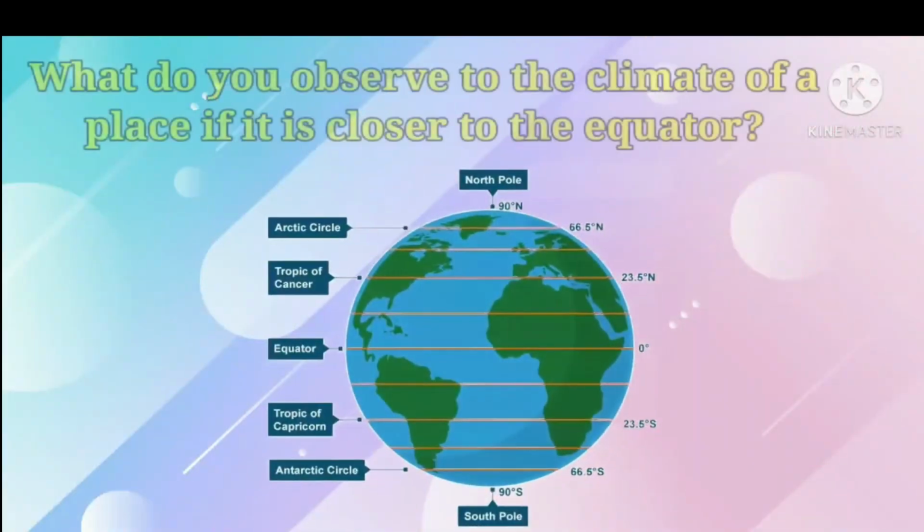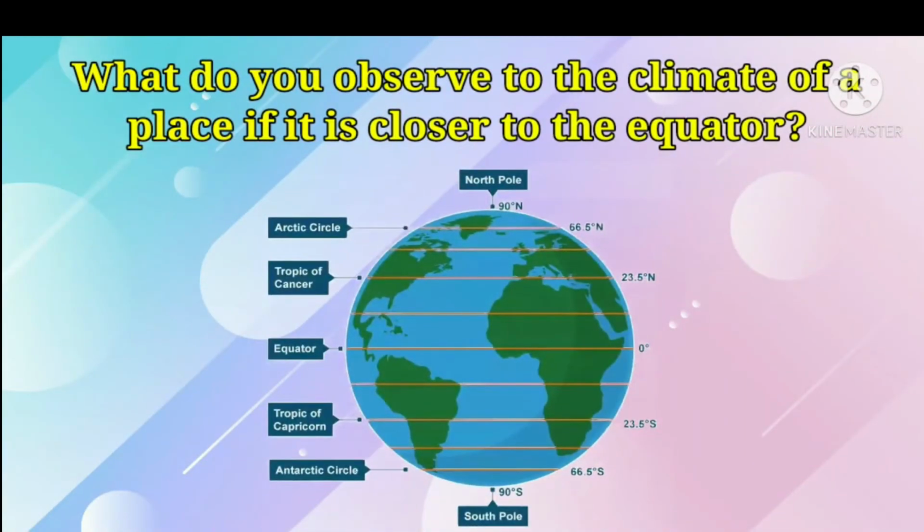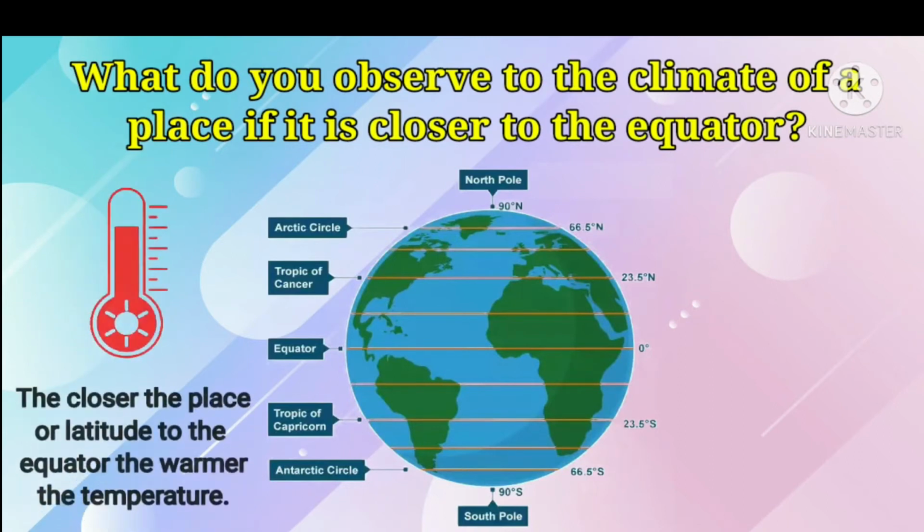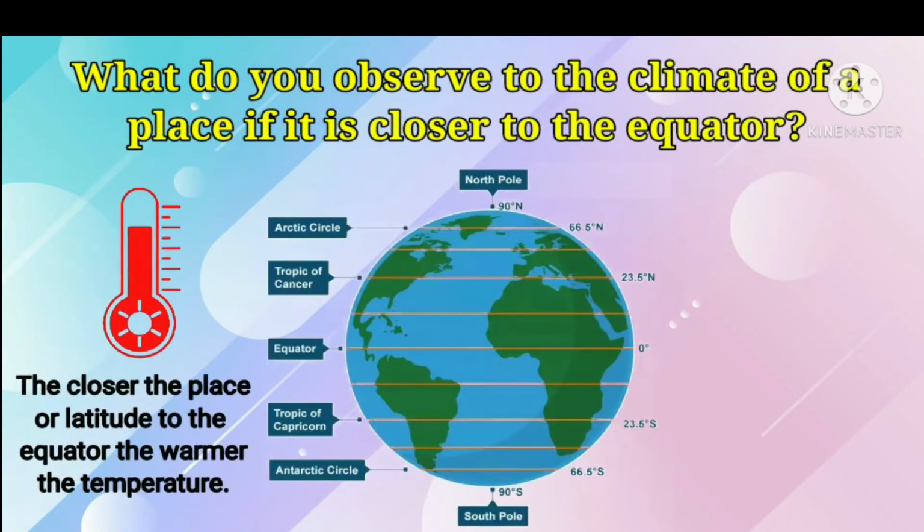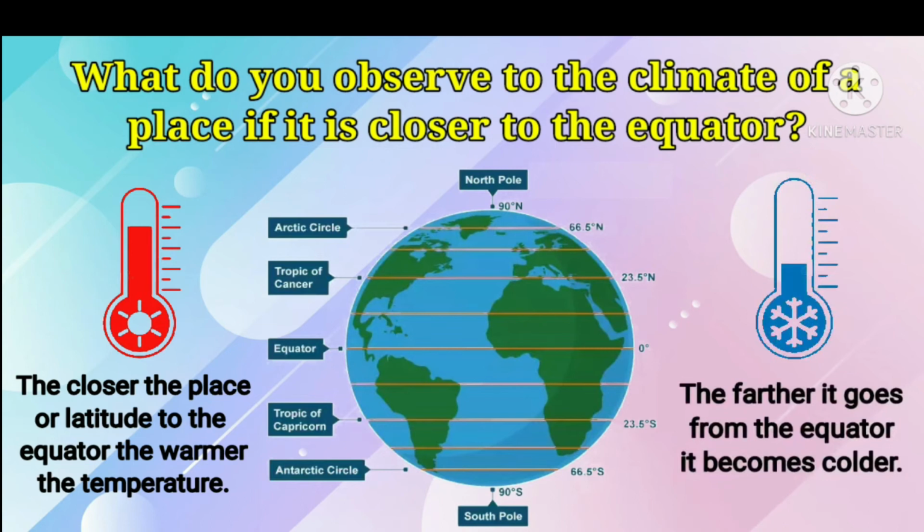Now, what do you observe about the climate of a place if it is closer to the equator? Correct! The closer the place or latitude to the equator, the warmer the temperature. And the farther it goes from the equator, the colder it becomes.